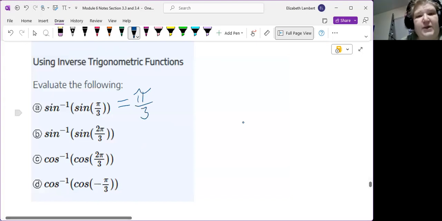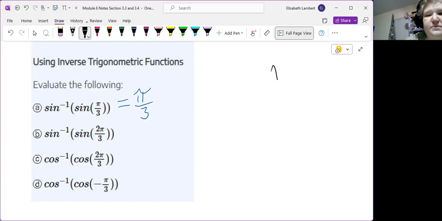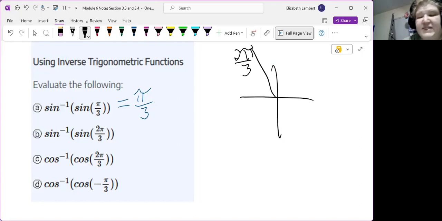Two pi over 3, though, is here. So I can take the sine of 2 pi over 3. My inverse sine, though, won't spit out an answer of 2 pi over 3.